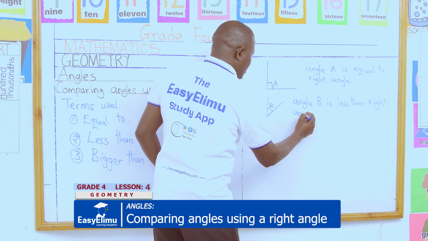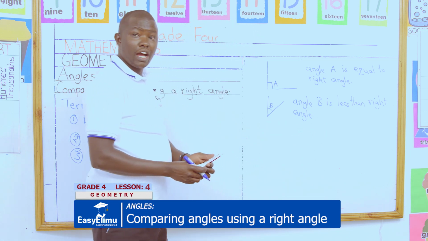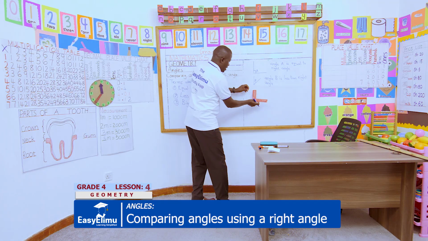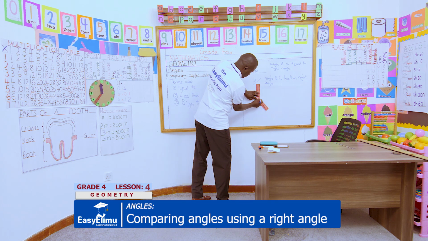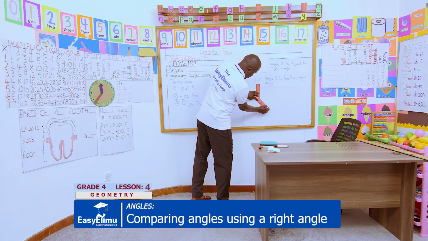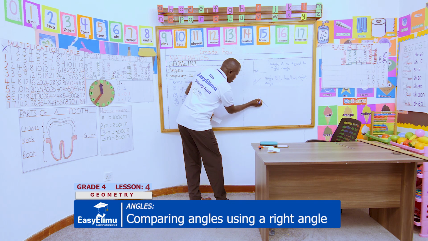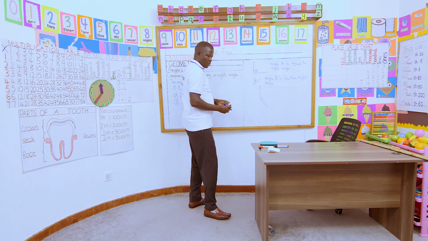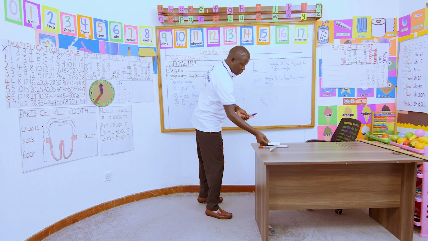We have another angle with us. The way I'm doing, make sure you are doing the same. Let me trace it. That is the angle that has been formed here, angle C. Now, we want to know whether angle C is equal to our right angle.